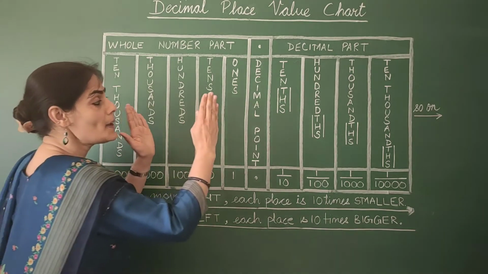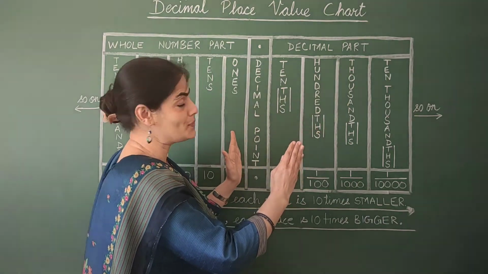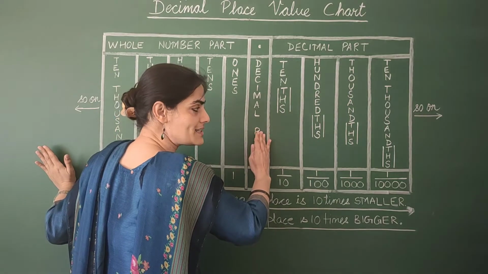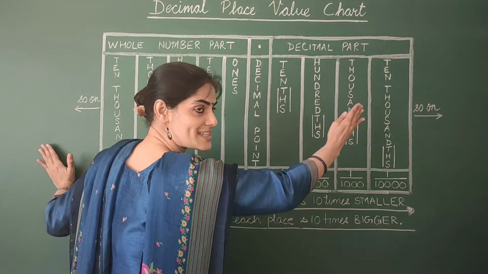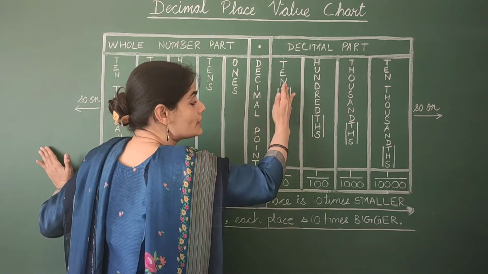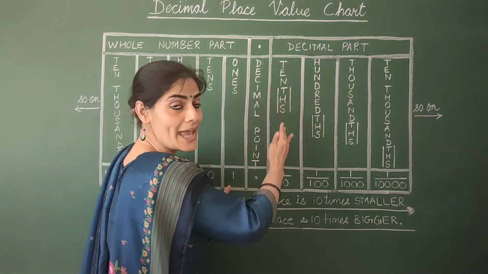Now, the important part, the part which is new for you people, is the decimal part. This decimal part is towards the right side of the decimal point. Now, the first place after the decimal point is tenths place.